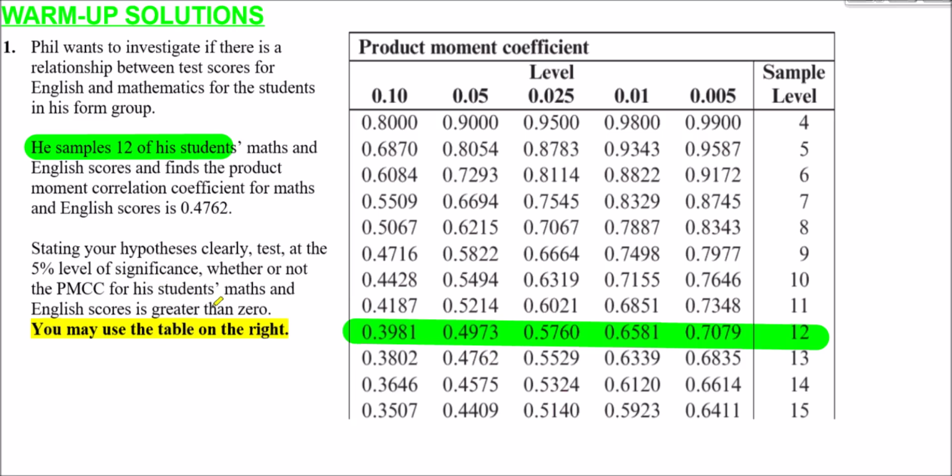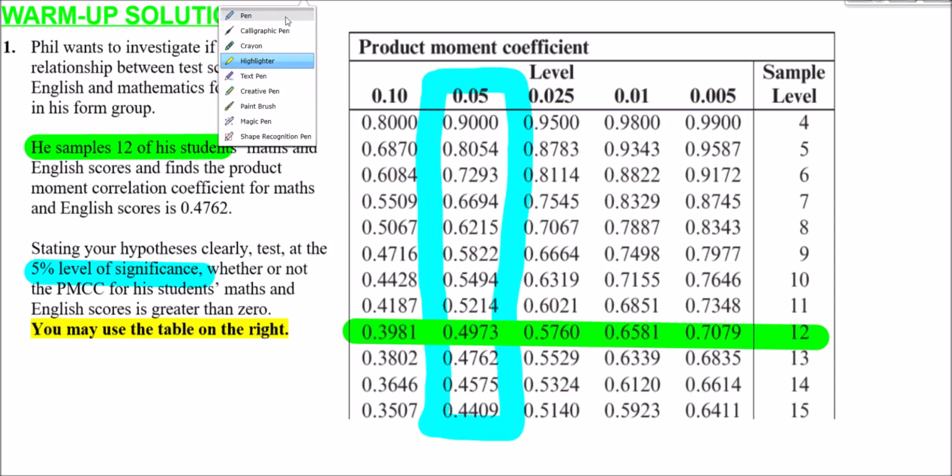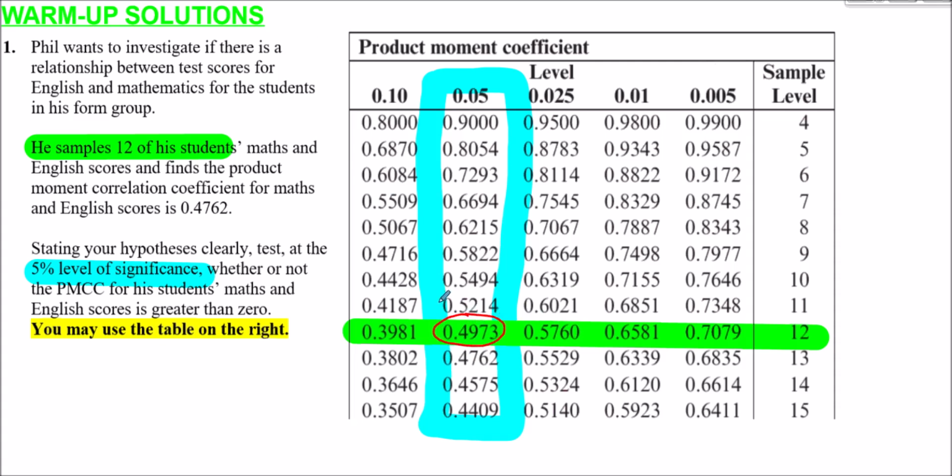We're not simply testing for correlation, where it could be positive or negative, we're looking to see if it's a positive correlation greater than 0. So it's a one-tailed test, and it's going to be 5% level of significance. So from that, we know we need to be looking at the 0.05 column. So we're looking at this column down here. So where they cross is our critical value. So the critical value for this is 0.4973. But I'm getting ahead of myself.